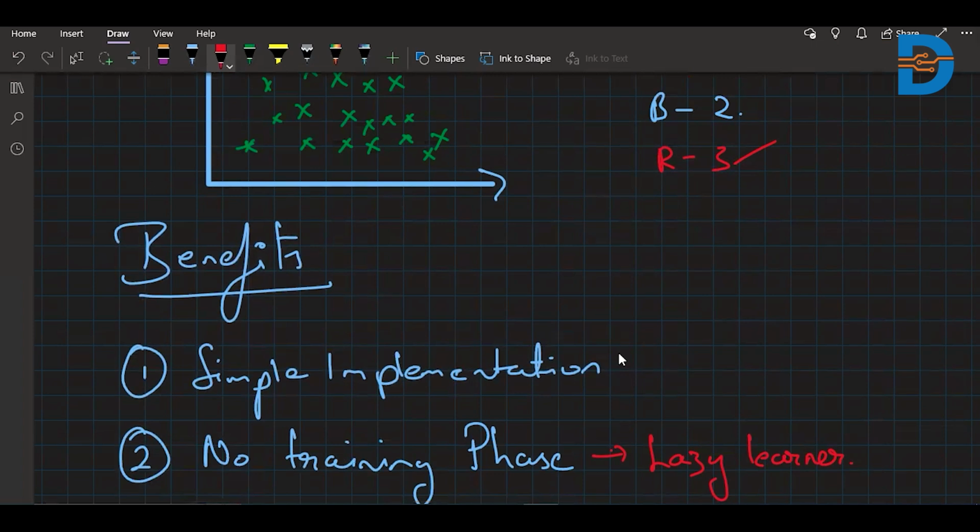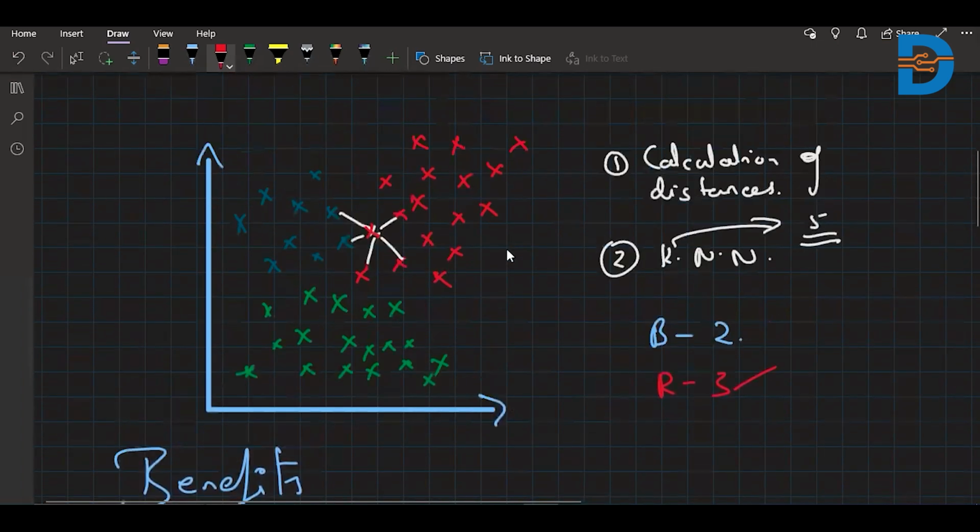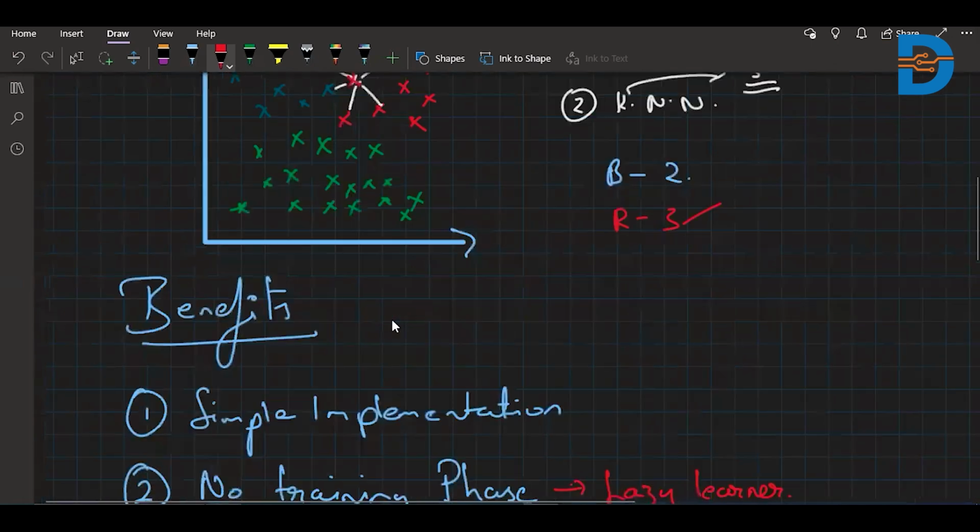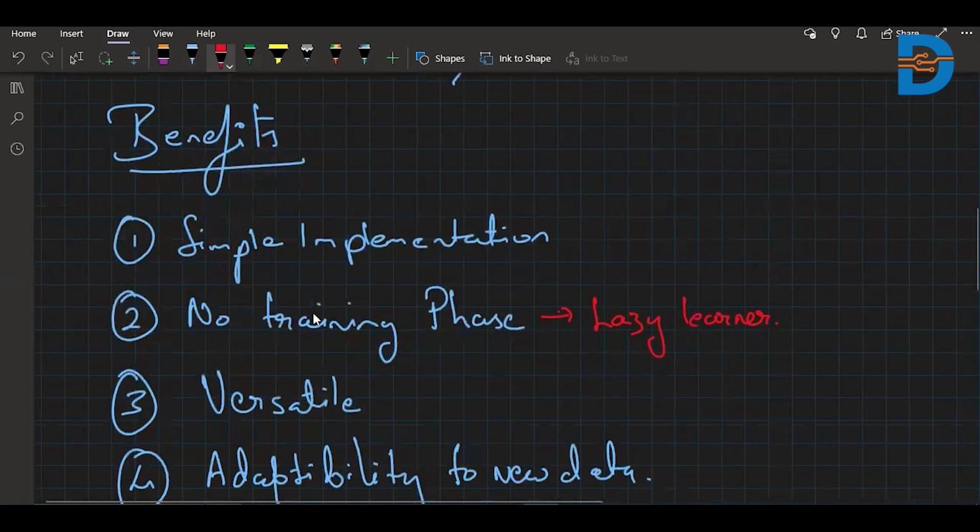You would have to scale your data and bring them all to a comparable range of values, but apart from that, there's not a lot of pre-processing. It depends from case to case, but generally that is the case.